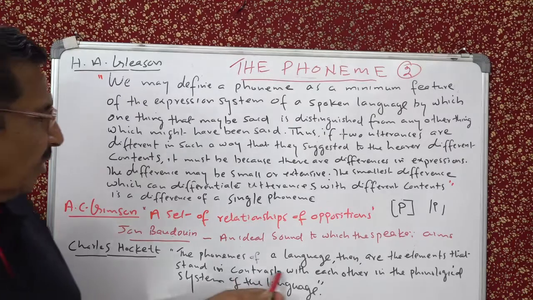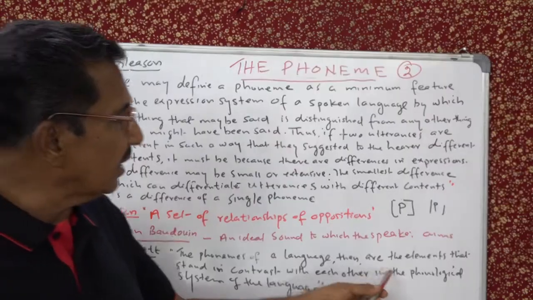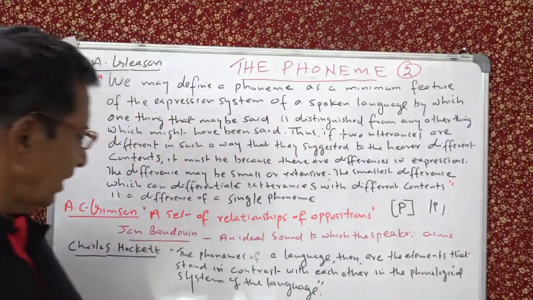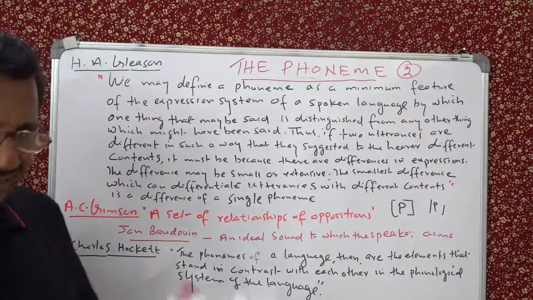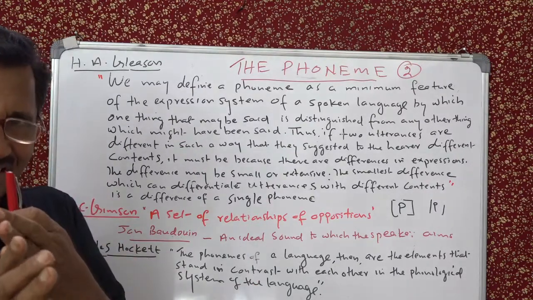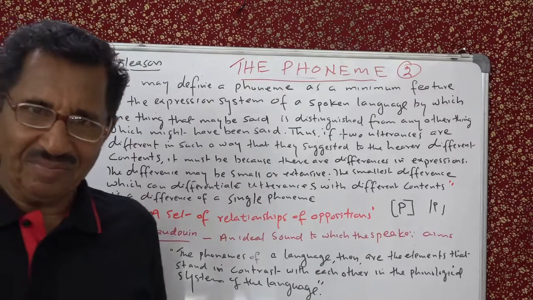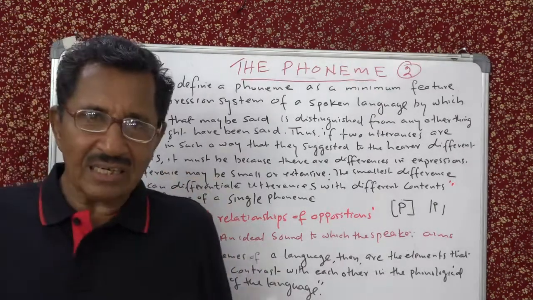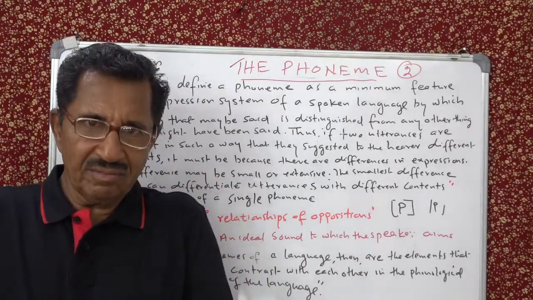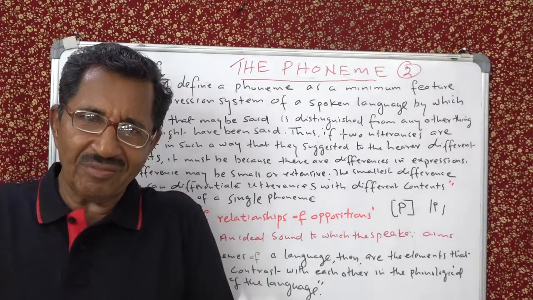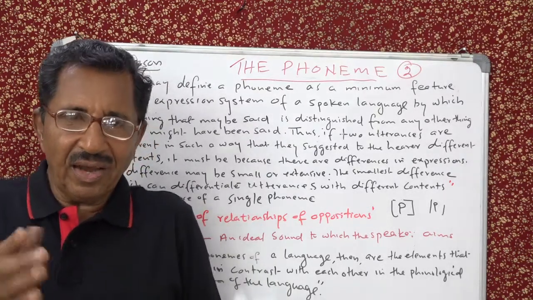The phonemes of a language then are the elements that stand in contrast. Look at that. Otherwise language will not function. If there is no contrast, there will be no language. What is the function of language? Communicate.